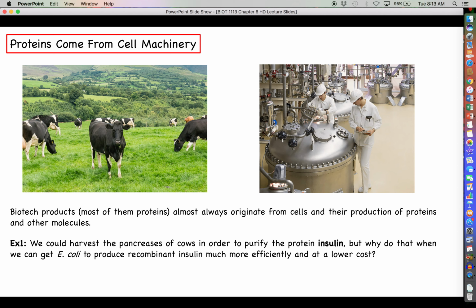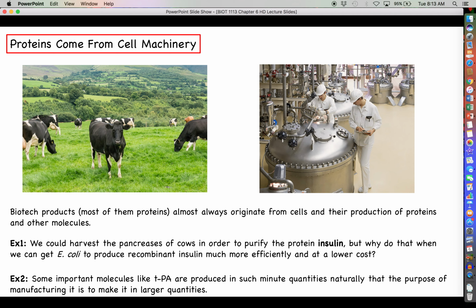But why would we want to do that when we've already established that we can use recombinant DNA technology to transform bacteria with the insulin gene and get them to crank out a whole bunch of this insulin much more efficiently and at a much lower cost?